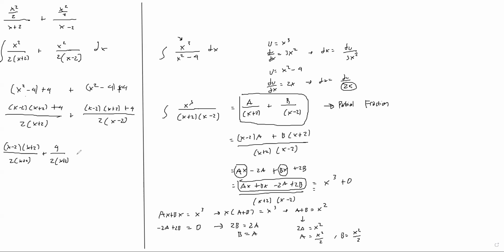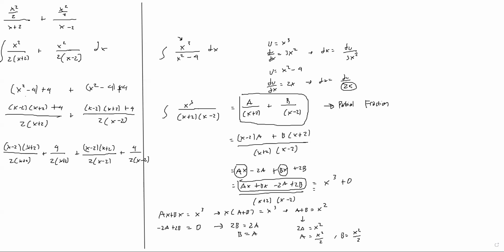Now for the right fraction, we add again x minus 2, x plus 2, and then divided by 2, x minus 2, added by 4 divided by 2, x minus 2. Now be careful. We still haven't tried to do the integration just yet. We still want to make this fraction easier for us to do integration.